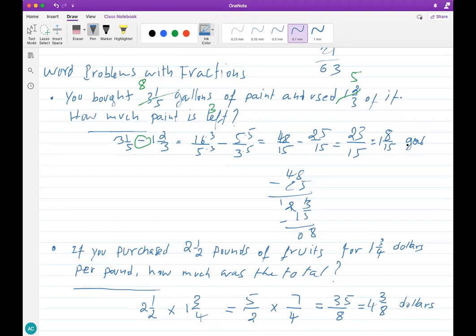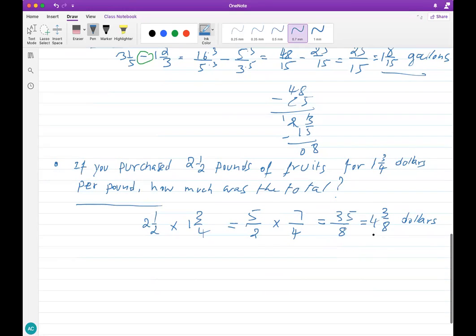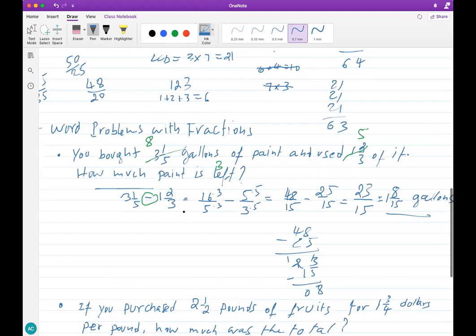Or you can just write gallons. Don't forget the unit with word problems. We want to know what exactly we are calculating. So this is the final answer here. And that's pretty much it.